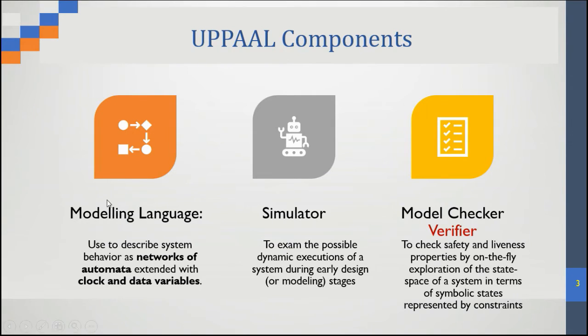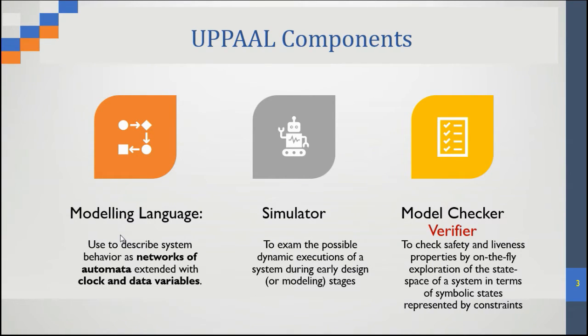As we learned previously, modeling in Uppaal can be seen as three parts. The first part is the modeling language. Second, its simulator, and model checker. In the modeling language, actually, we develop the model.